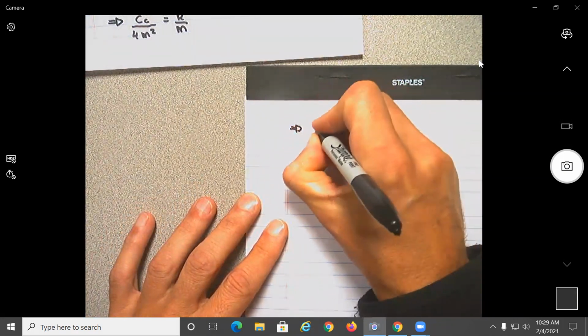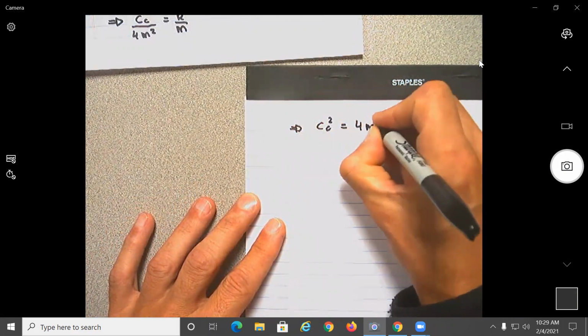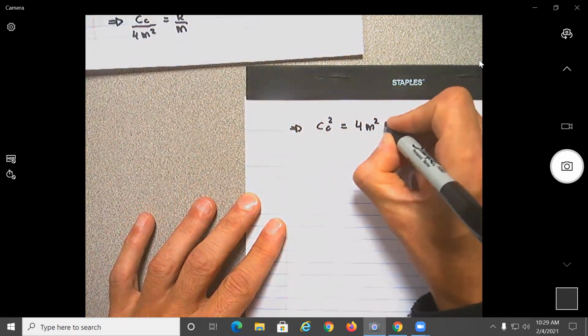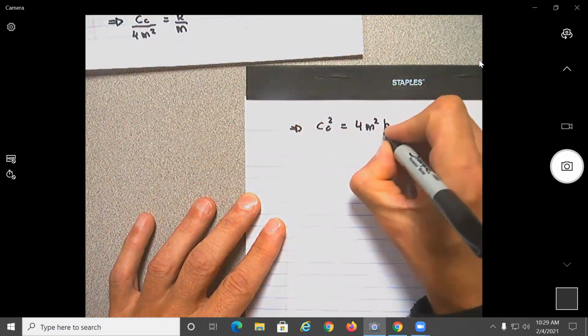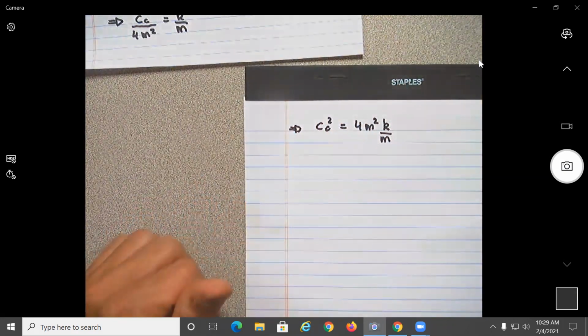So it means C sub C squared is equal to 4m squared K over m.